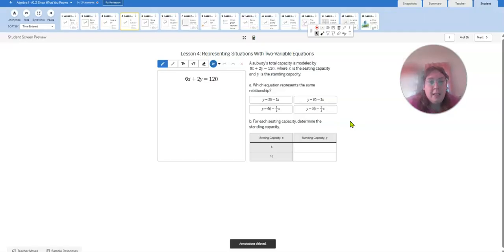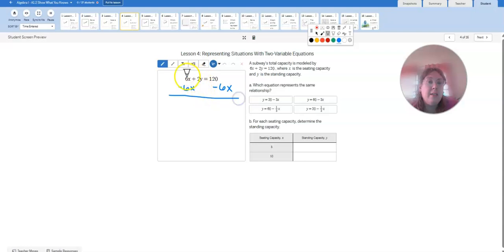A subway's total capacity is modeled by 6x plus 2y equals 120, where x is your seating capacity and y is your standing. Which equation represents the same relationship? So it wants us to solve for y. So we'll do that by subtracting that 6x term from both sides.